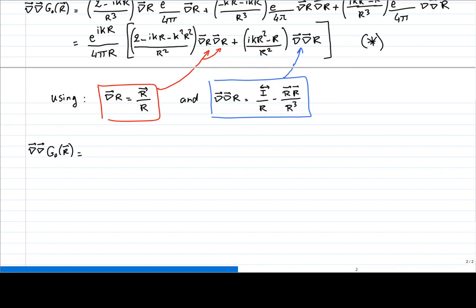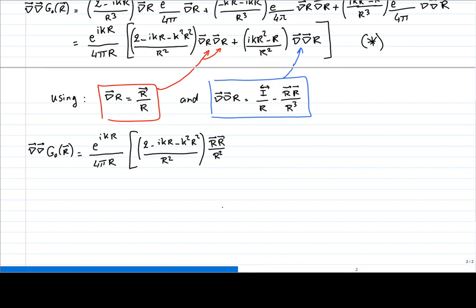So when you make this change, you're left with the first term, which is the scalar Green function. The parentheses will remain the same, so we have 2 minus ikr minus k squared r squared over r squared. And then instead of gradient of r times gradient of r, we have r over R twice, so squared.